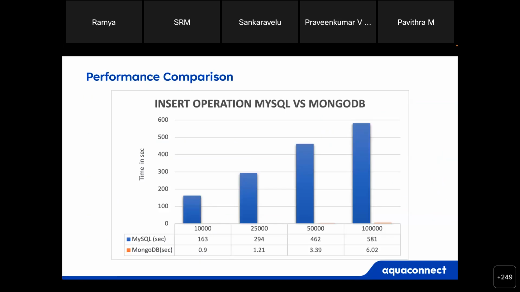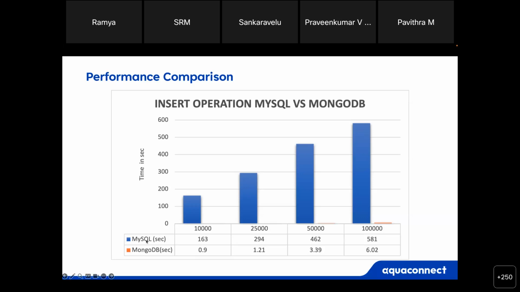Performance comparison. So now we are going to compare MySQL with MongoDB. We are taking a number of records and doing a query to see how much time it will take.